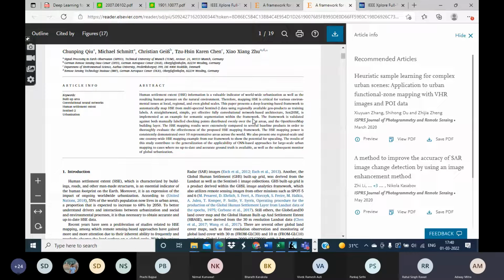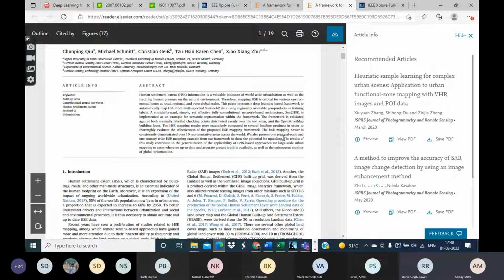So basically it is expected that they will be able to segment the image or identify the structures till the street level. The HSE mapping results were extensively compared to various baseline products in order to thoroughly evaluate the effectiveness of the proposed HSE mapping framework. The HSE mapping power is consistently demonstrated over 10 representative areas across the world.